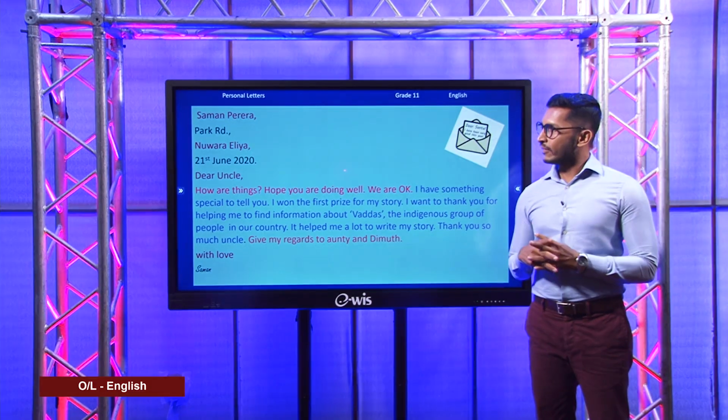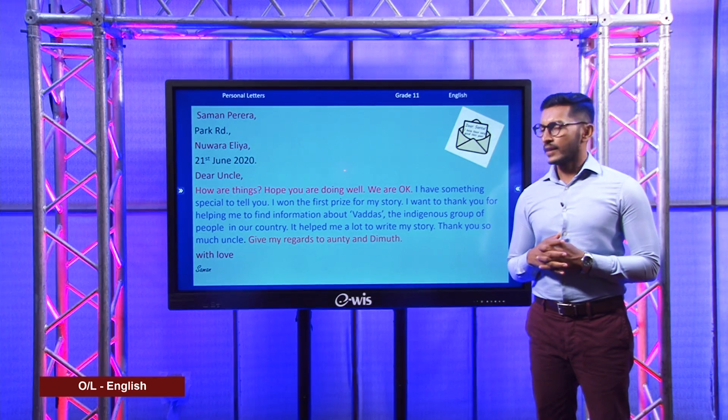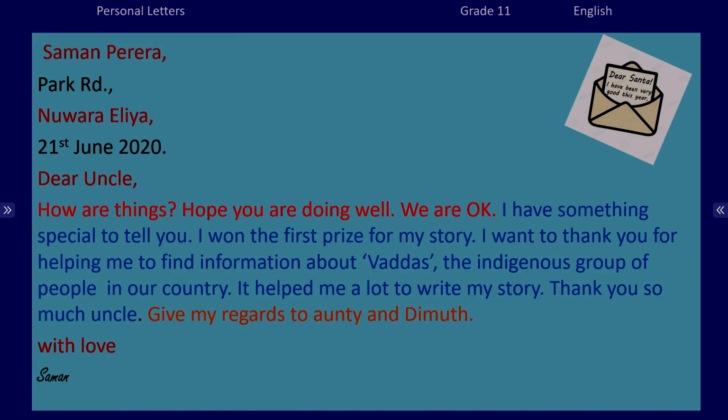And then, what is the second mistake? Can you spot that? Yes, that is the comma. Nuwara Eliya is the last line of the address. The address ends with Nuwara Eliya. So we have to put a full stop there. And then we have another mistake in the salutation. Dear uncle, I hope you have already found it.